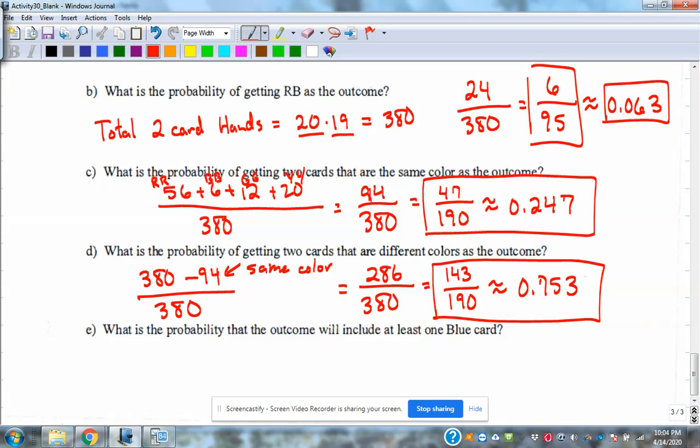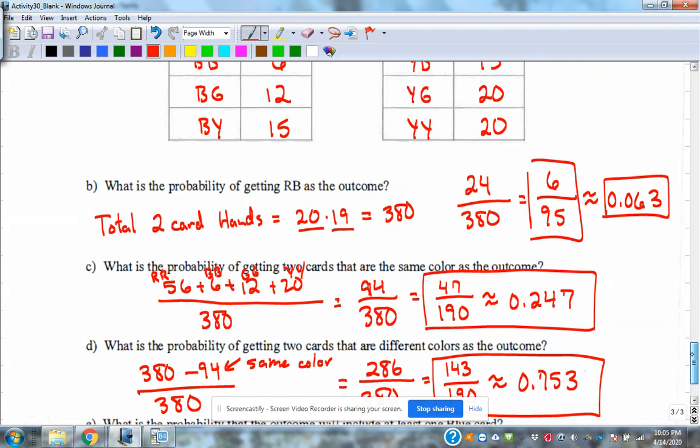What is the probability that the outcome will include at least 1 blue card? Okay, well, when you see the words at least, one of the best things you can do to find the probability of that is take the complement of that. So what's the complement of at least 1 blue? That's absolutely no blues. Okay, so let's find the hands with no blue.